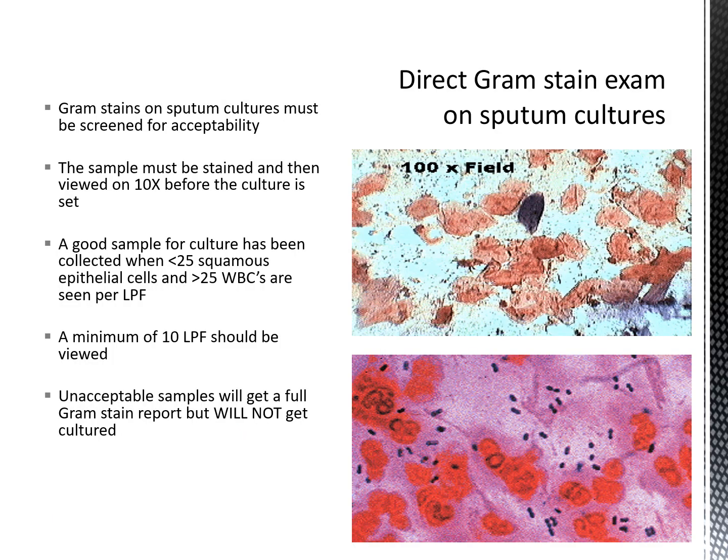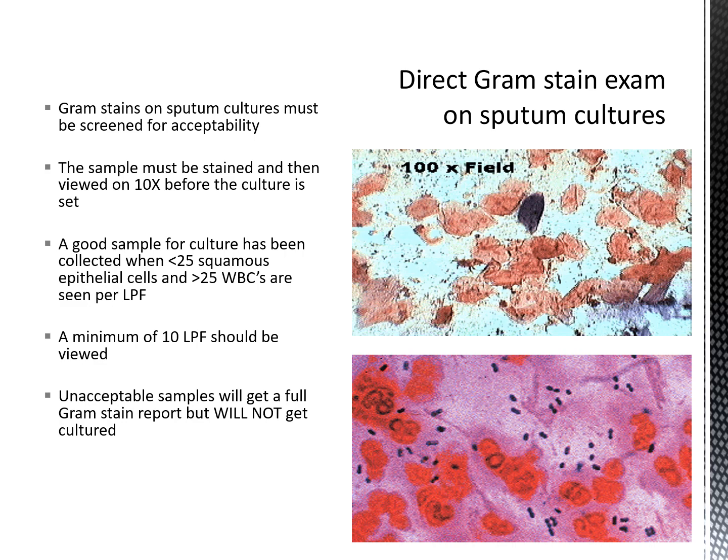Now, anytime we are culturing a sputum, we want to make sure that we have a good, deep specimen of sputum and not just spit or saliva. And so we have to do the gram stain on the sputum to determine if it's acceptable for culture. Okay? The sample has to be stained and then viewed on 10x before the culture is actually set.